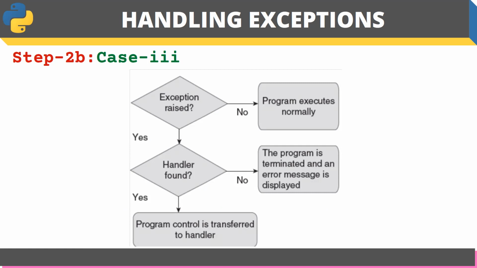This is the case 3. Here, if an exception is raised and a handler is found, then control is transferred to the handler. If no exception is raised, the program executes normally. And if the handler is not found for the exception raised, then the program is terminated and an error message is displayed.